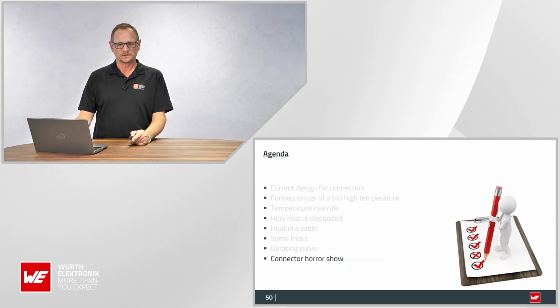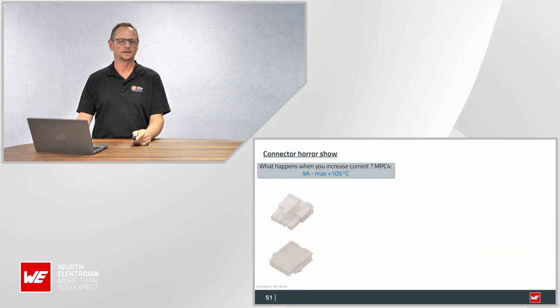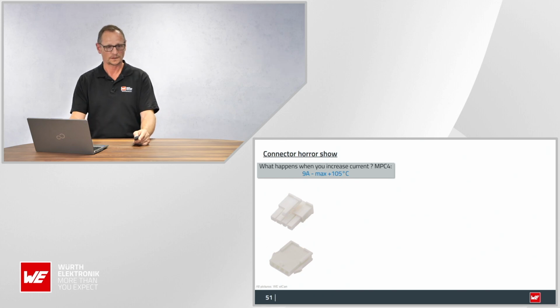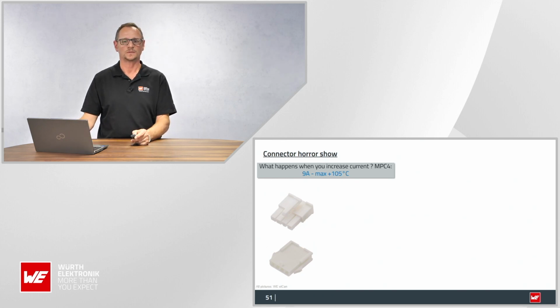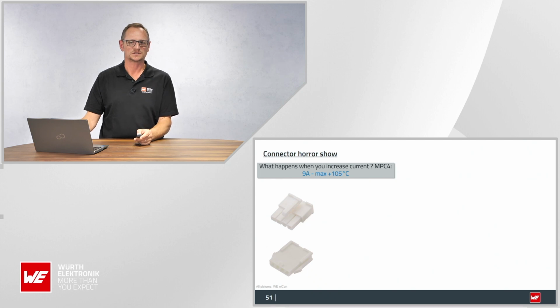So as promised, here's a little connector horror show. You saw the one in the beginning, and we did some more tests on that, which meant this MPC4 connector type in 4-pole normally is limited to 9 amps and a maximum temperature of 105 degrees.